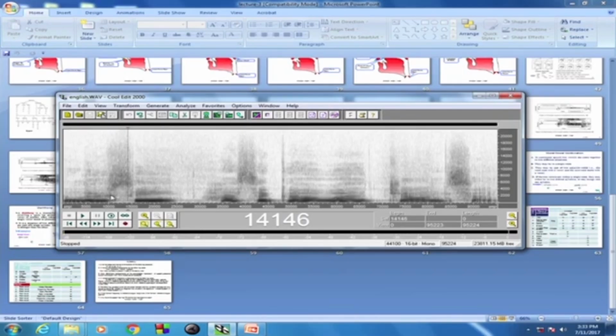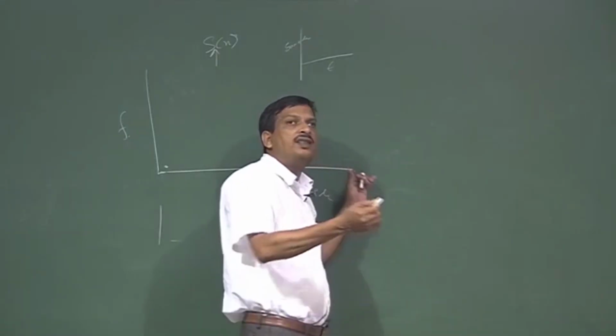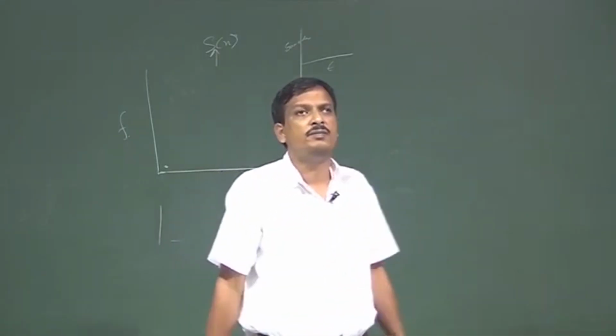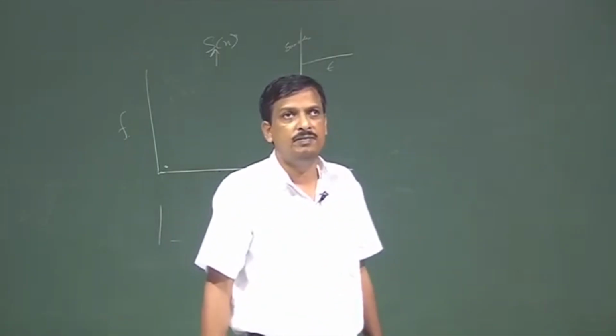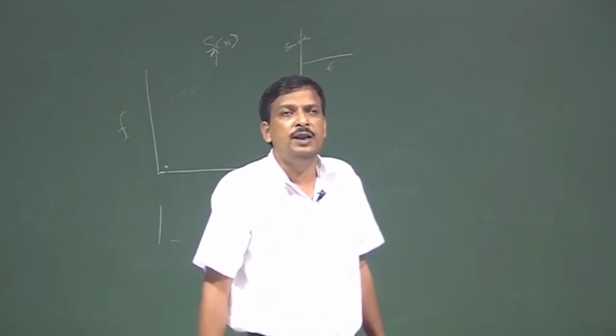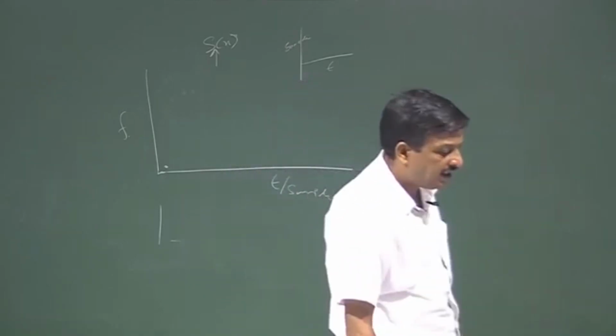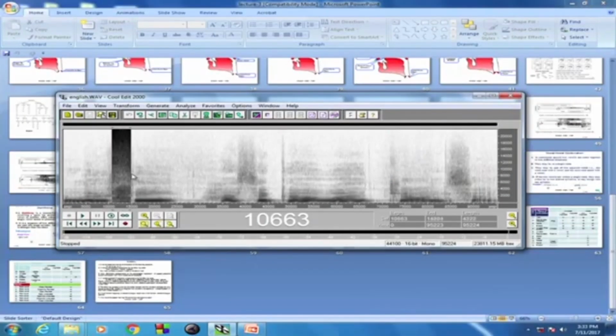So, I can say that for random noise, all frequencies have some power. Which manner of articulation generates this kind of random noise? Fricative, or aspiration. If it is fricative, that means friction noise will be there. So, I can easily say this is nothing but a fricative.